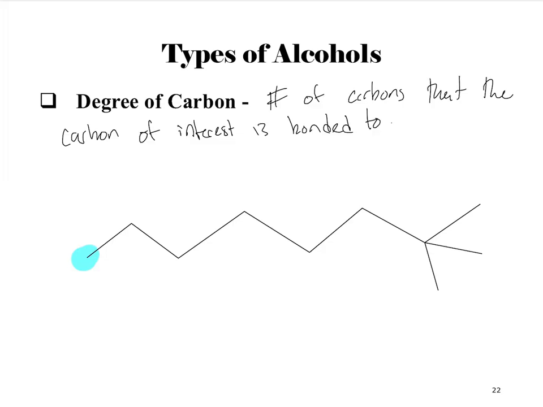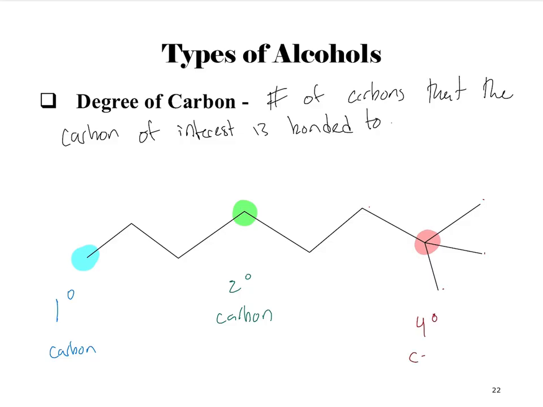So this is considered a 1 degree carbon. This carbon is bonded to how many other carbons? 2. So this is considered a 2nd degree carbon. And this carbon is bonded to how many other carbons? 4. 1, 2, 3, 4, right? I forgot to draw the 3rd degree carbon.